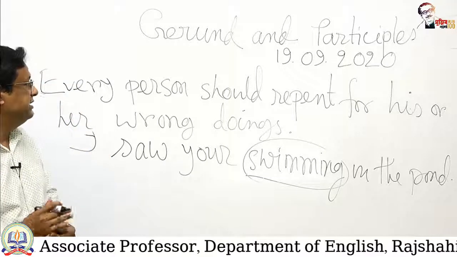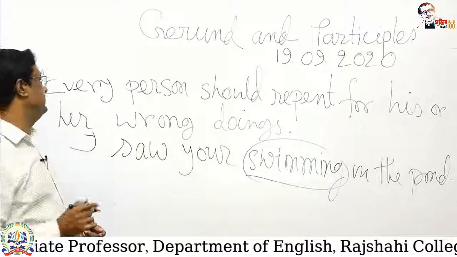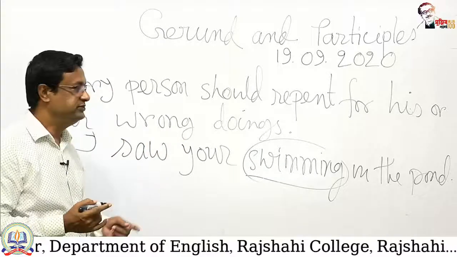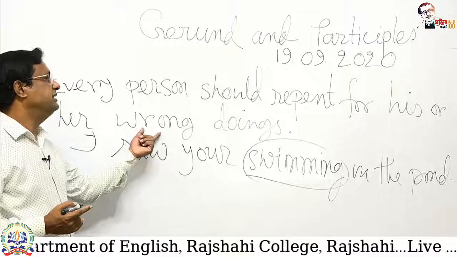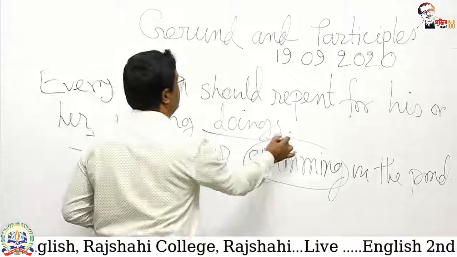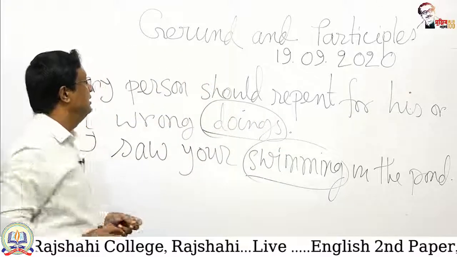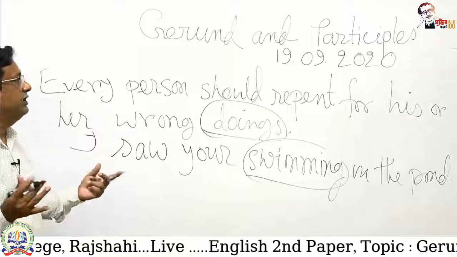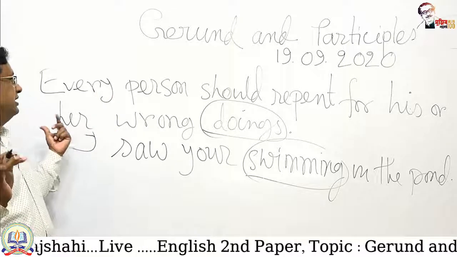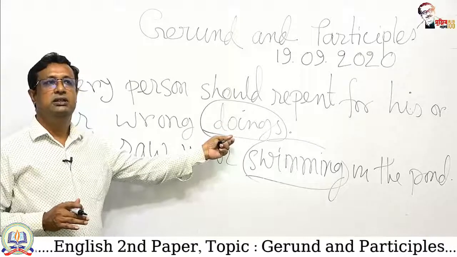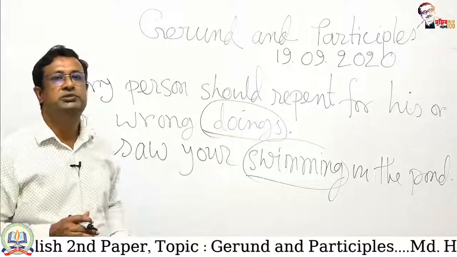So, in this sentence, you find a gerund. What is that? Wrongdoings. Certainly, wrong is an adjective and doing is a noun. Doing is the main word here. Repent for what? For his or her wrongdoing. So, the noun is doing. And doing comes from do.